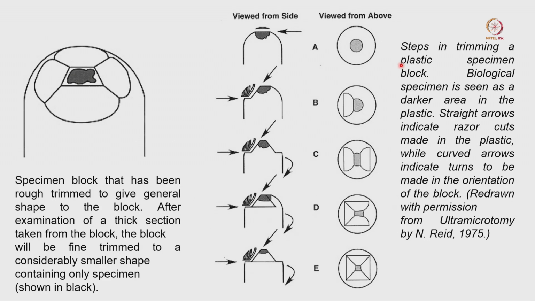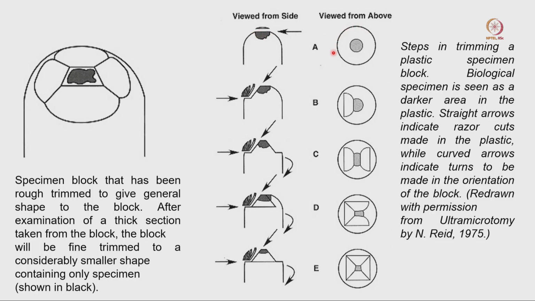So, this is from the top how your sample should look. If this is your tissue sample, here you can see that this is the resin or plastic block where your tissue is embedded. Now you have to trim that. First, at the top you should do a section and make that surface as smooth as possible.